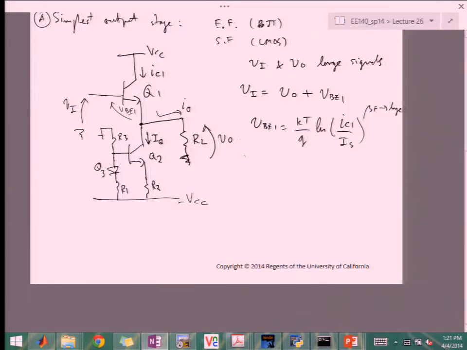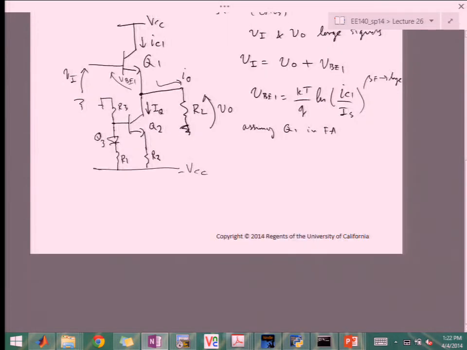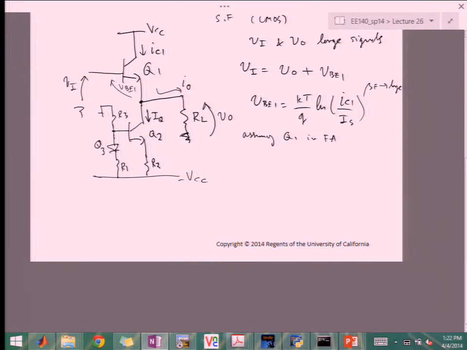This is, of course, assuming that Q1 is in forward active region. And then we can write the KCL for the output node. Because we assume beta F is large, really IC1 is coming down here as well. So IC1 is going to be equal to IO plus IQ, and IO is VO over RL.